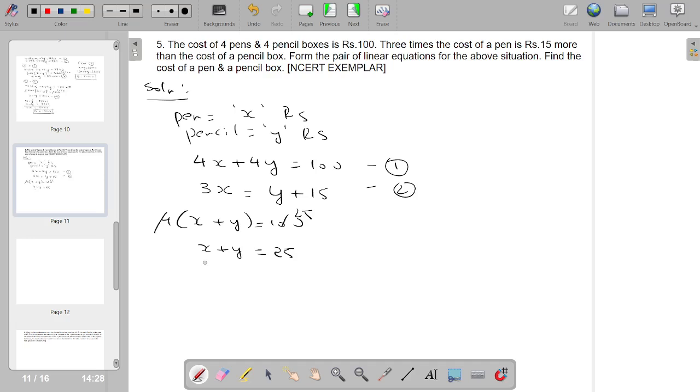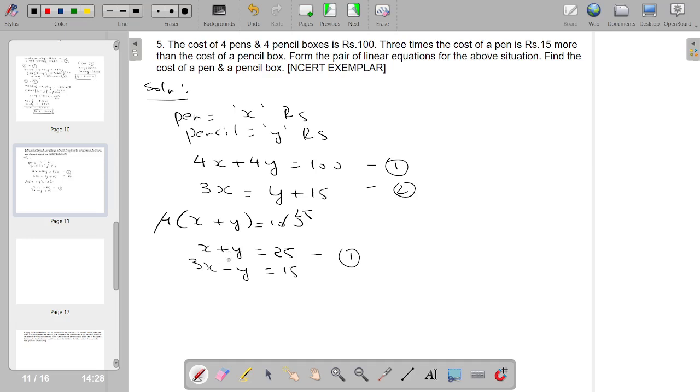Now this is equation 1 only actually. It is simplified this way. This is also equation 1 only. So now equation 2 can be written as 3x minus y is equal to 15. I have transferred y to the LHS.